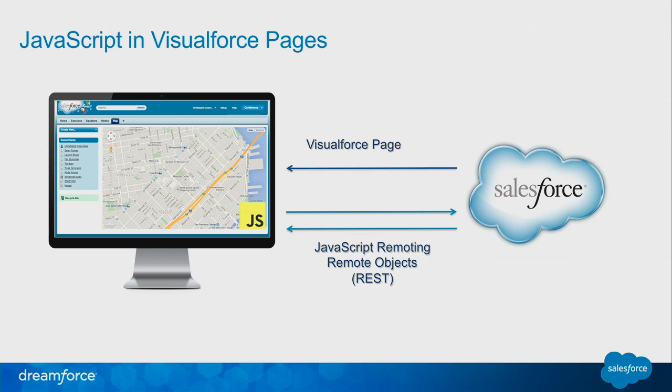That's all done in one Apex method. So if the contact insert fails for some reason, for a validation rule or something like that, it will roll everything back. It will undo the insert for the account, so you're not left with all this data hanging around. The problem with remote objects in JavaScript is that to get the ID of the account to be able to put into the contact, you have to call into Salesforce.